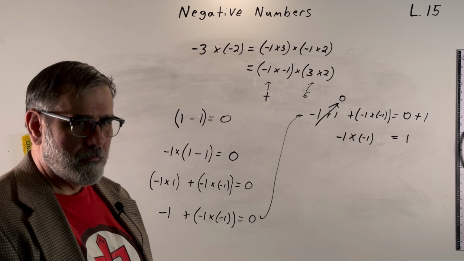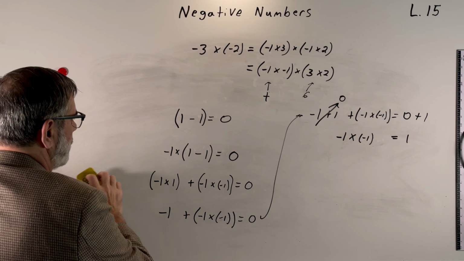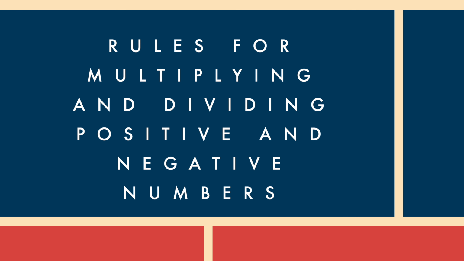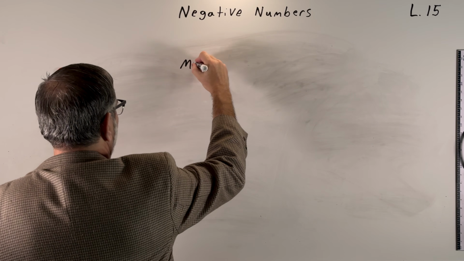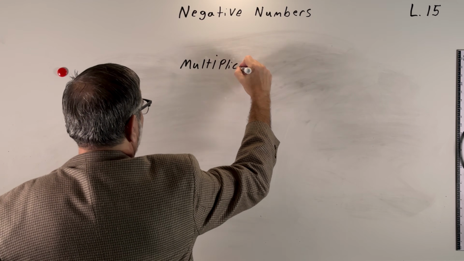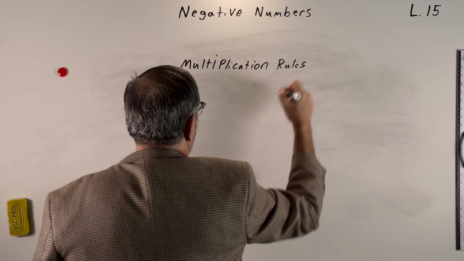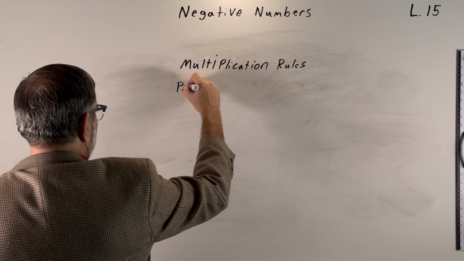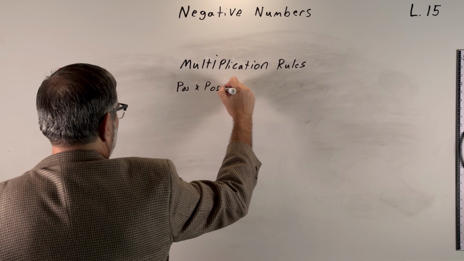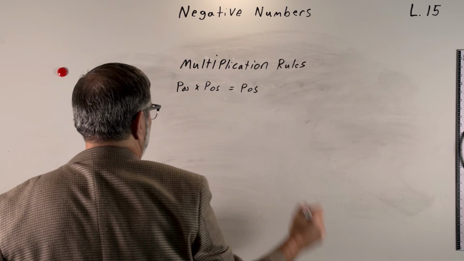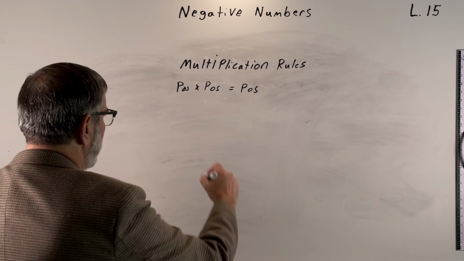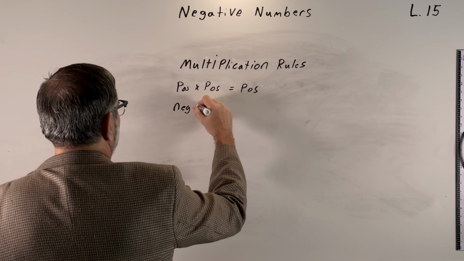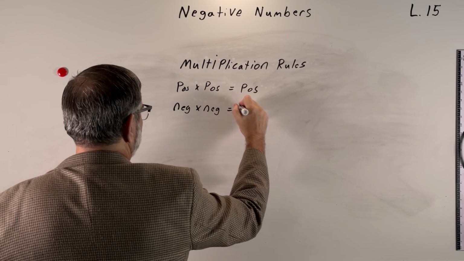So let's summarize the rules for multiplication. Well, a positive times a positive is equal to a positive, just like before. But interestingly, as we just found, a negative times a negative is also equal to a positive.